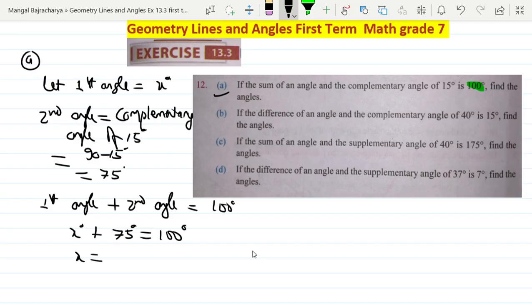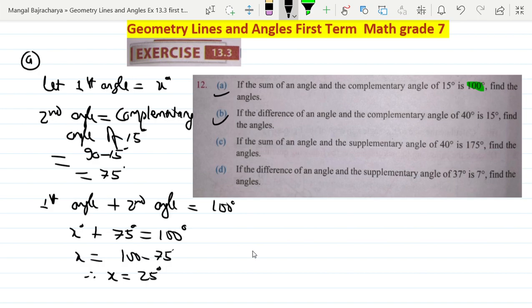So x equals here 100 minus 75 degrees, and that will give you x equal to 25 degrees. So this way we found the angle is 25 degrees, is it? That's the first angle we found, and the second angle we have already found, 75 degrees. So the angles are 25 degrees and 75 degrees. That's it, is it?